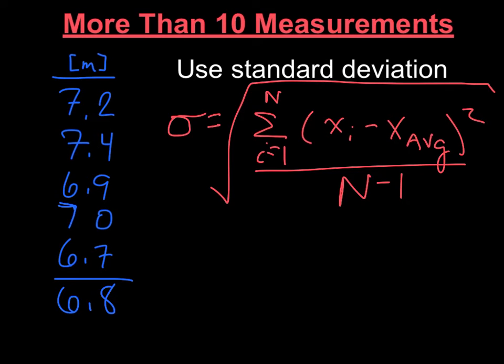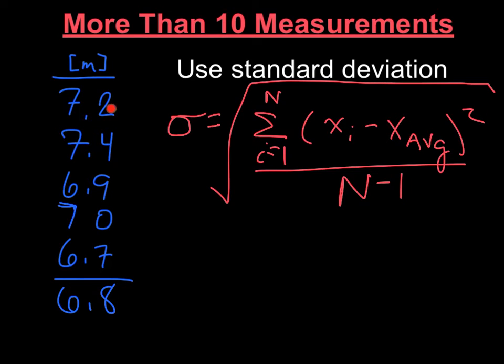Now, if you have more than 10 measurements, you use standard deviation. Because this is a very big pain, you're only going to have to mess with this in your very first lab on measurements, and I'm going to show you how to do it, but I'm only going to use 6. So, to suspend belief, pretend we've got a few more data points, and we'll show you how to use this formula. First thing I want you to notice, this is summation. This means you are going to add the values of xi minus x average, squared.